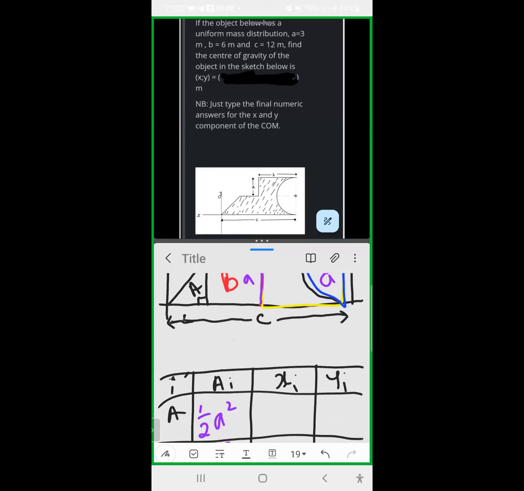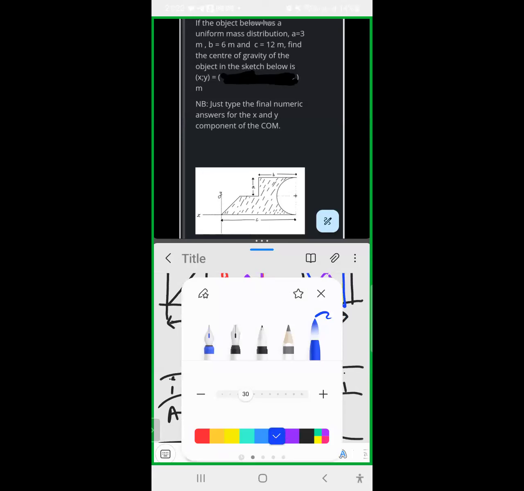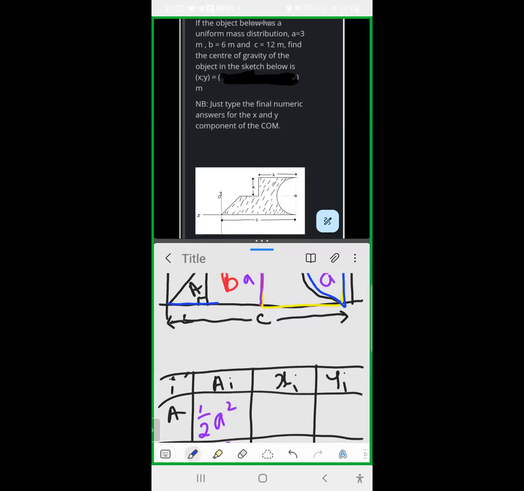So let's see, A is located exactly at the origin, as we can see, and the distance from here to here is a unit. Therefore, since it is located at the origin, for the x center of mass for A, we simply have 0 plus half of the base of object A, which is a.